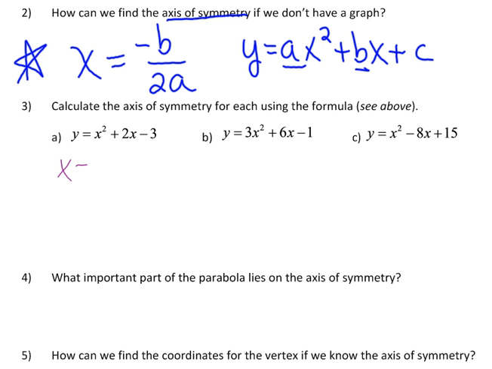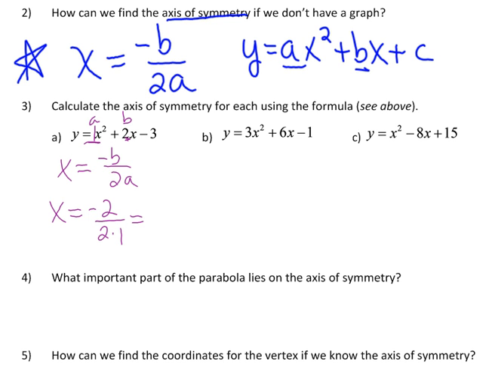So we're going to write the formula, x equals -b over 2a. Our b is 2 and our a is 1, because that x squared has a coefficient of 1. So x equals -b, and we plug in that 2 for b, so -2 over 2 times a, and we said a is +1.